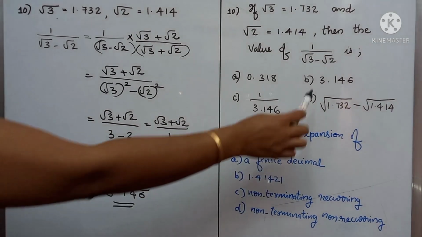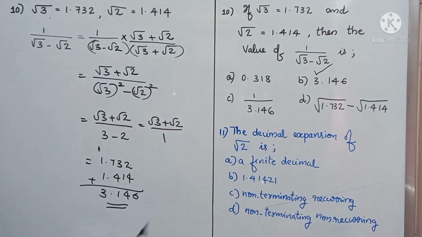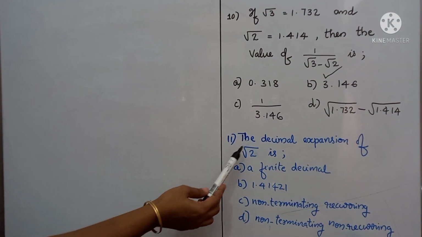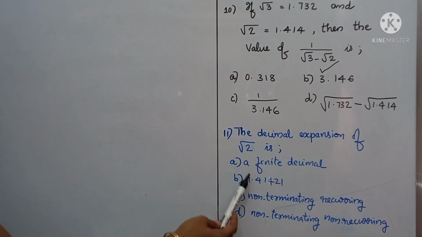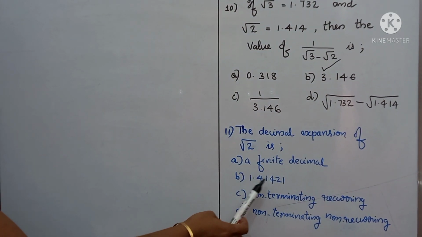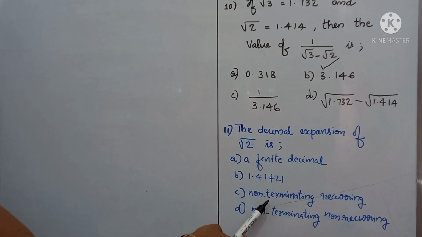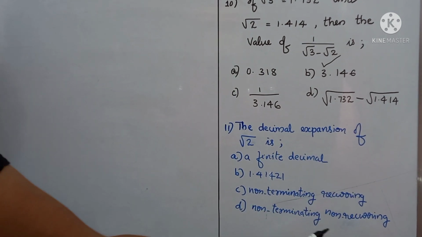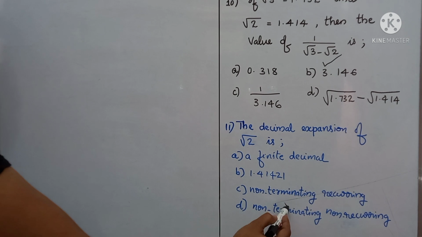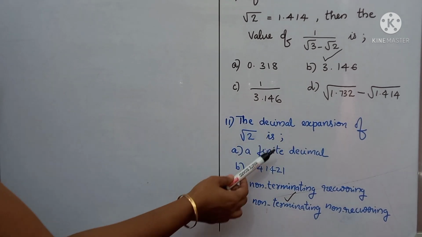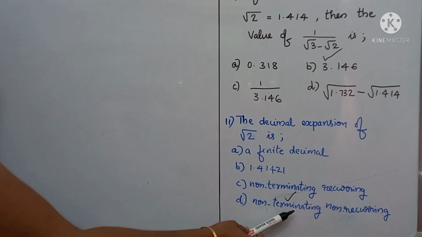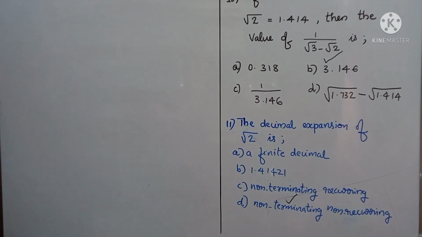The option B, 3.146, that is the answer. 11th question, the decimal expansion of root 2 is, and the options are given here: a finite decimal, 1.41421, non-terminating recurring, non-terminating non-recurring. The answer is D, non-terminating, non-recurring. This is a knowledge level question, so directly we can write that answer here.